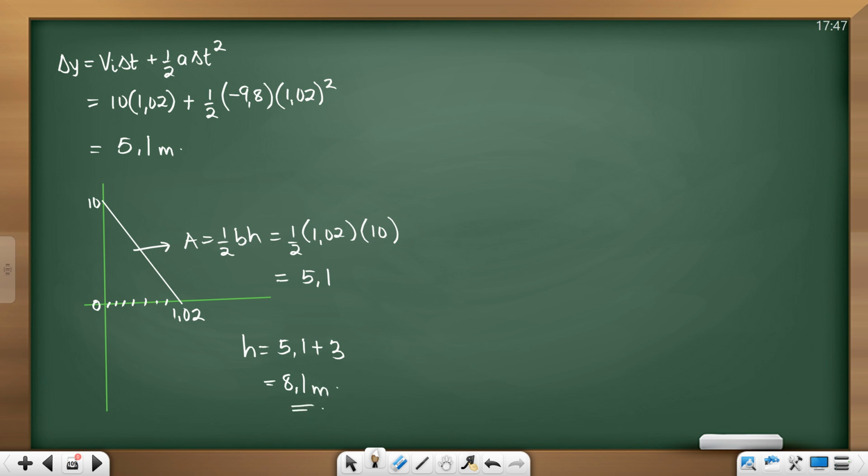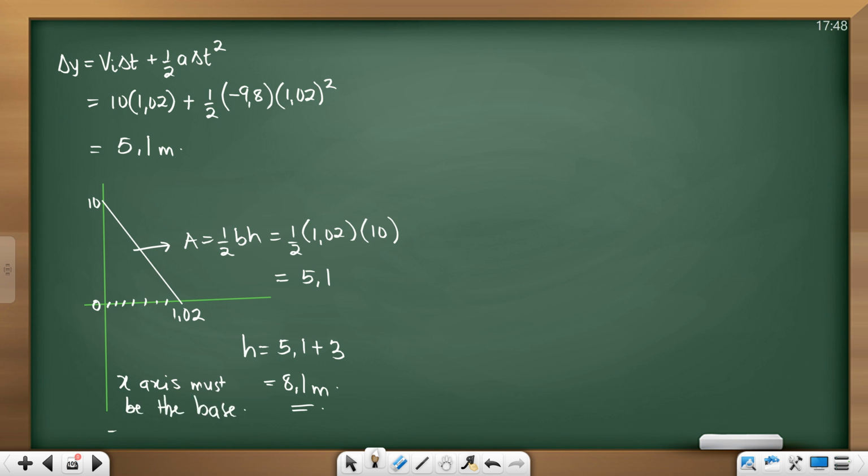Are we okay? I could even use energy principles to get this. I'm not restricted here. Someone said energy principles. Yes, you can use work done by non-conservative forces. You'll get the same answer. All right, please take note when you are using the graph, the x-axis must be the base.